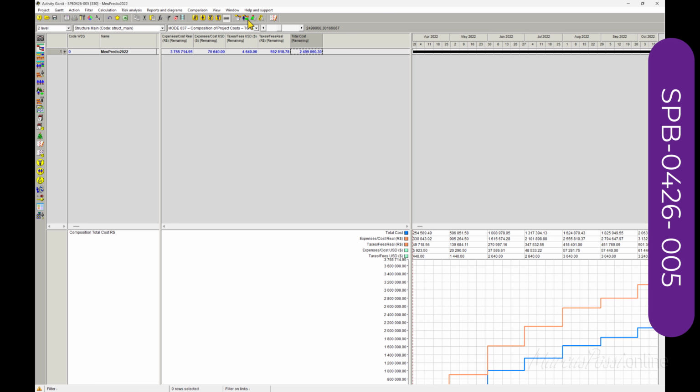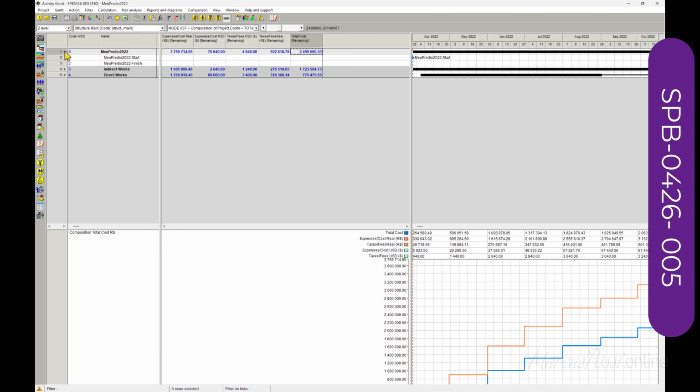Expenses, calculating. I do not understand why this expense is a component bigger than the total costs. What happened here?